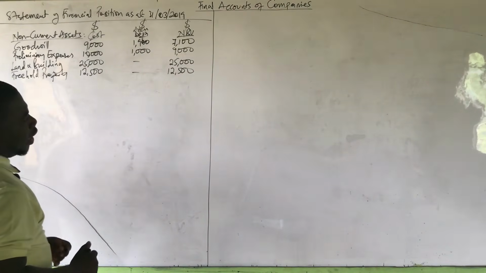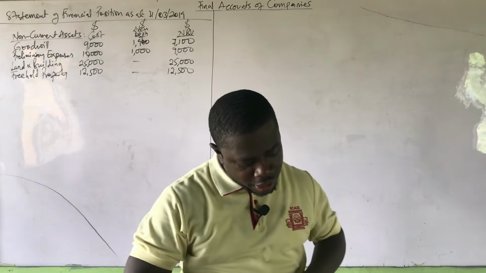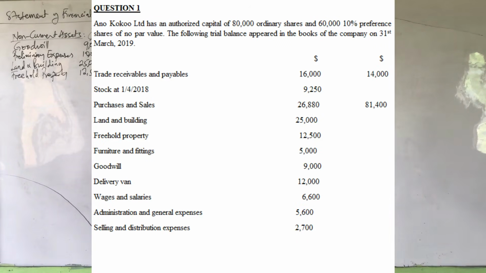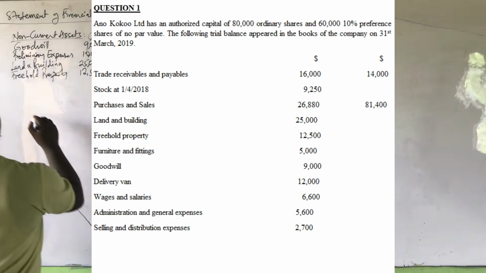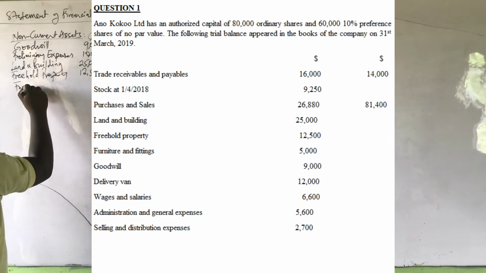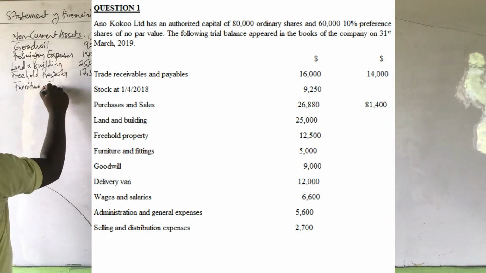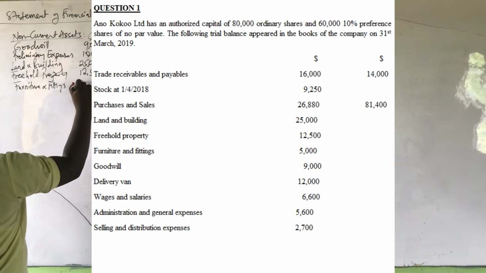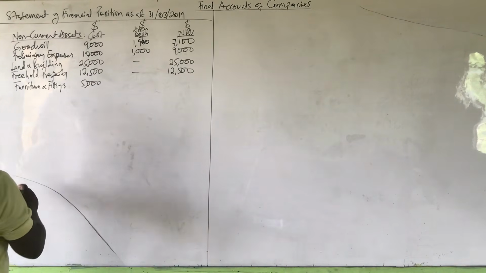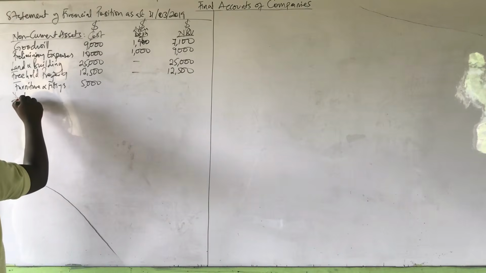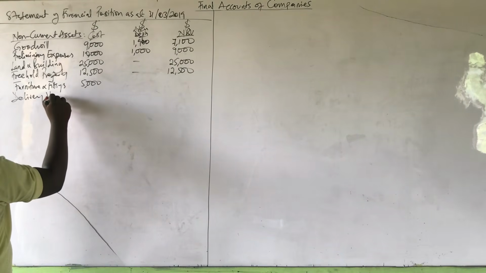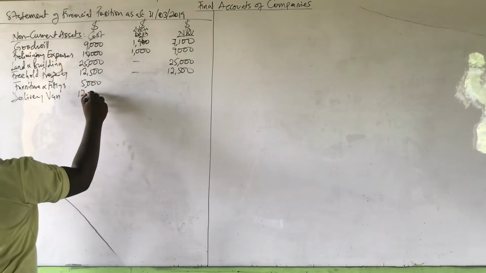Alright, let us look at other non-current assets that we have. We had furniture and fittings and delivery van, which were both depreciated. So furniture and fittings had a value of 5,000 at cost, and then there was a delivery van which also had a value of 12,000 at cost.